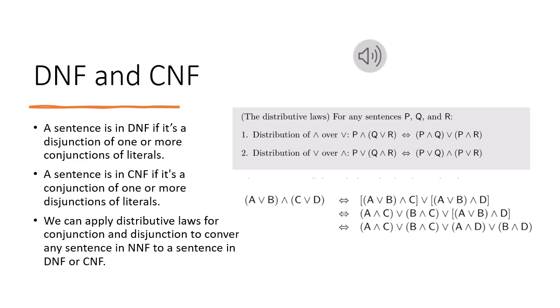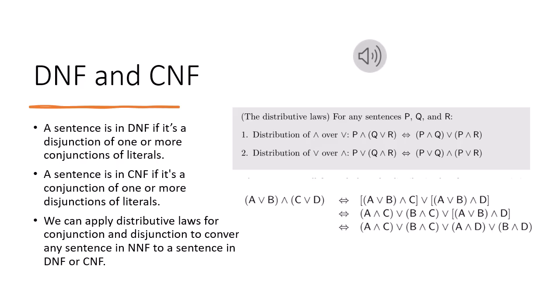The way in which we moved to this disjunctive normal form was to apply that first distributive law, the one labeled number one above. Let's see that in this context. Let's start again with that left-hand side.